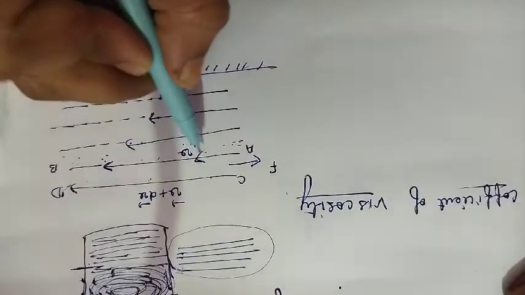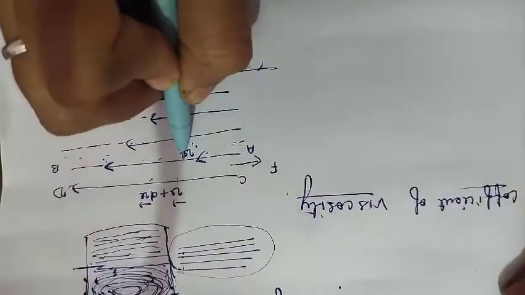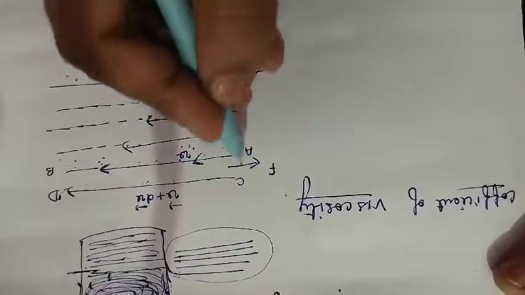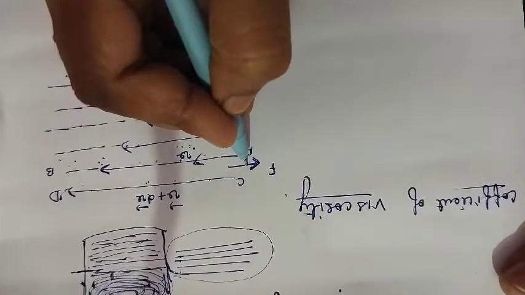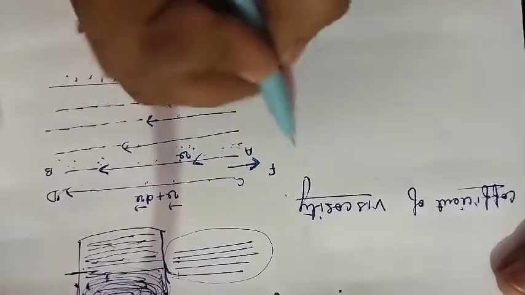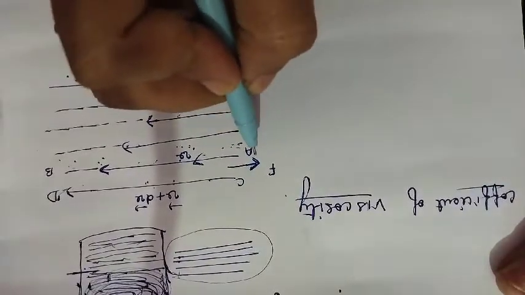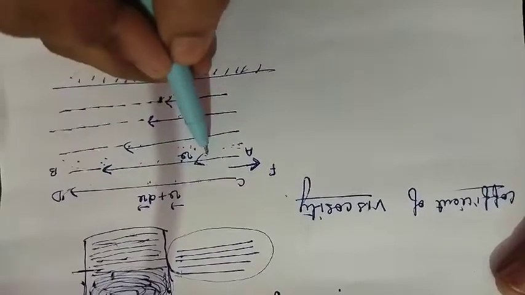So an opposing force comes into play between these two layers, and this opposing force is called viscosity. This is the property of the liquid by virtue of which an opposing force comes into play between these two layers.